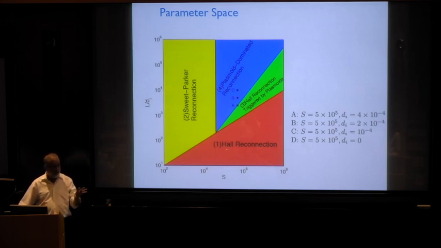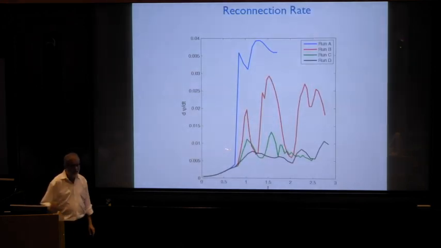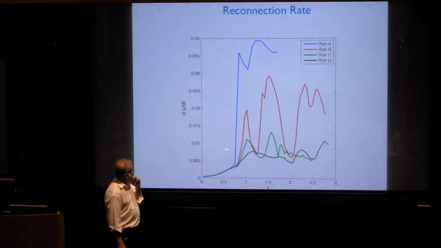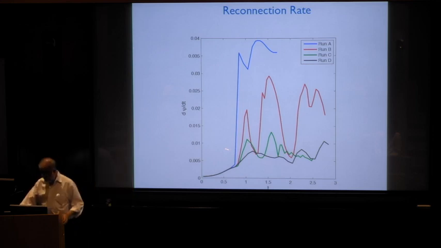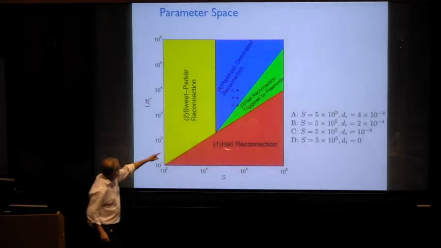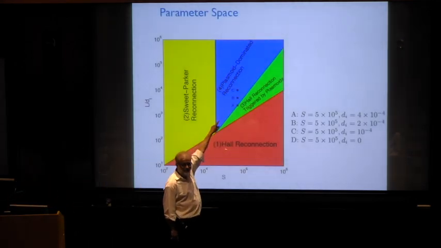Remember I showed you the resistive Hall effects, and it breaks up into plasmoids. So now you bring in Hall. If you look at this picture, you see this A, B, C that I marked, but I didn't dwell on it.